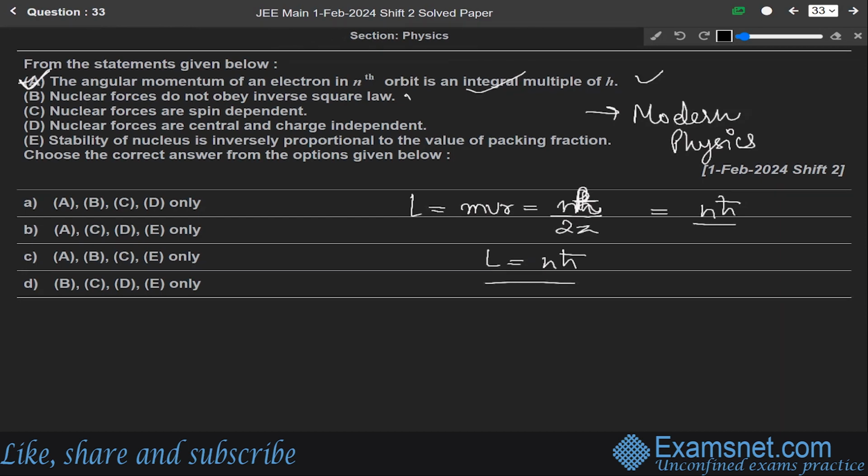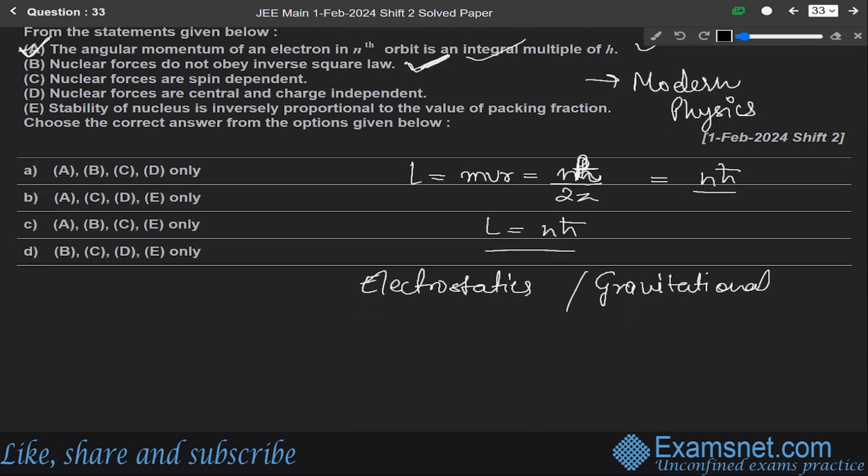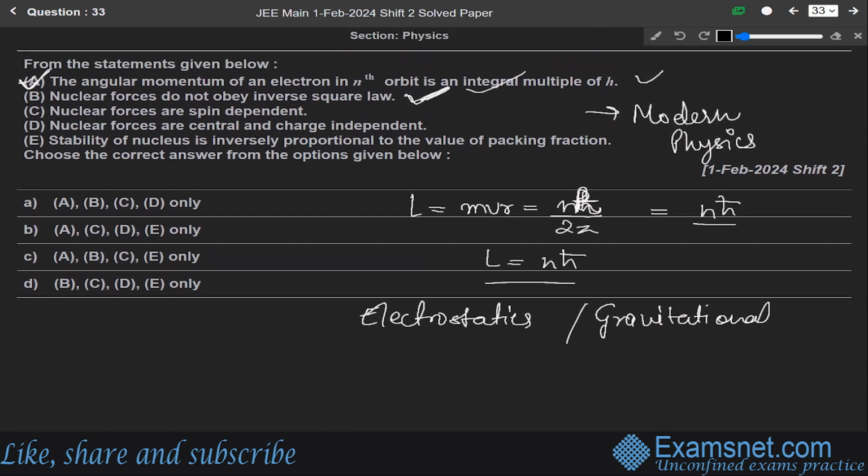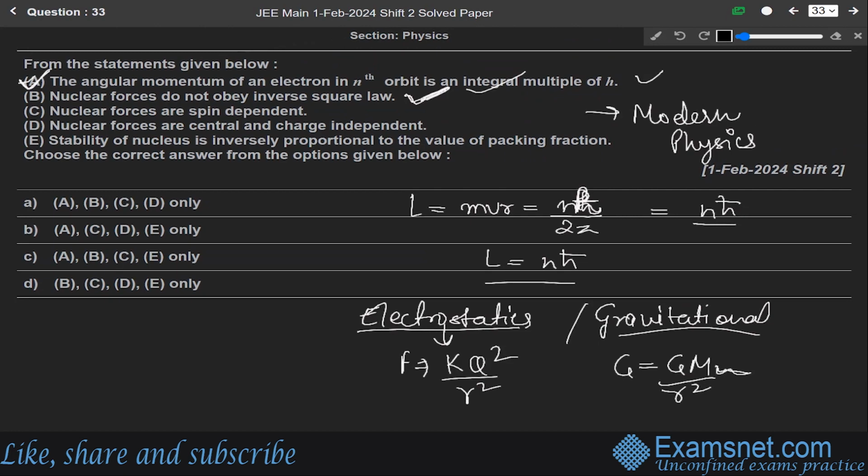This statement is also correct, since the inverse square law is followed by electrostatic forces and gravitational forces, but nuclear forces do not obey it, because nuclear forces act between proton-neutron, proton-proton, and neutron-neutron, so they do not follow inverse square law. Like electrostatic force means F equals k q square over r square, and gravitational force means G m over r square. Okay, so this statement is also correct.